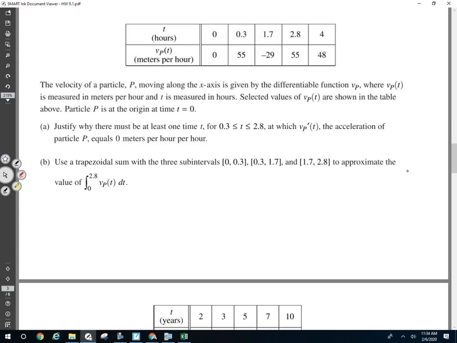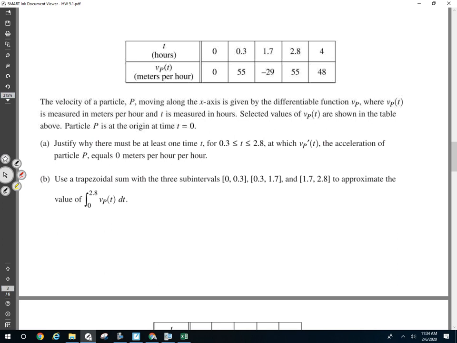All right, let's go to this first free response question. We'll go straight to B.